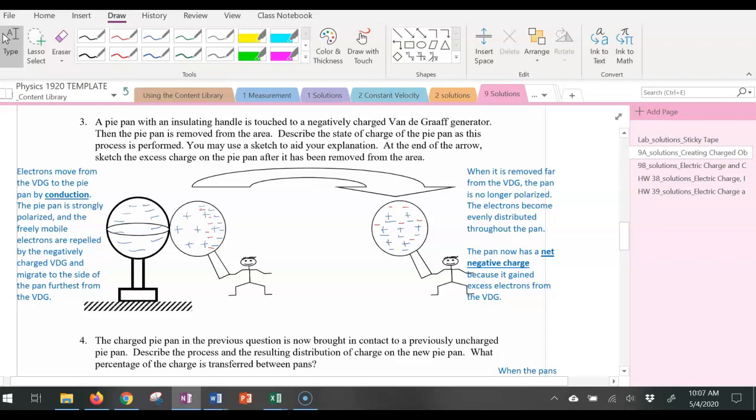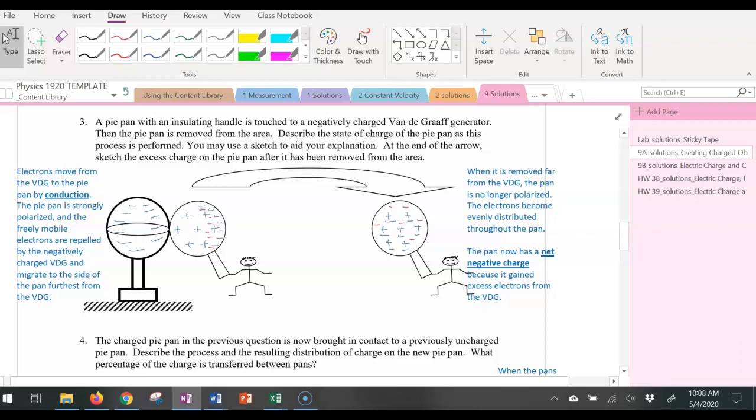And so I have 7 blue minus signs. Those represent the original electrons that were in the pan, and I've also shown, I think, 6 red electrons. These are the excess electrons that the pan has gained because they moved in by conduction from the Van de Graaff generator. Okay, so that was the picture on the left.